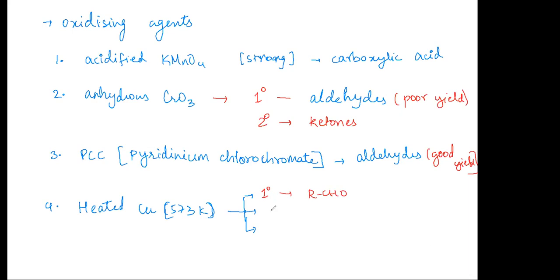If you pass a secondary alcohol, you get a ketone. And if you pass a tertiary alcohol, you get an alkene. So in this case, there is no oxidation, but dehydration takes place.